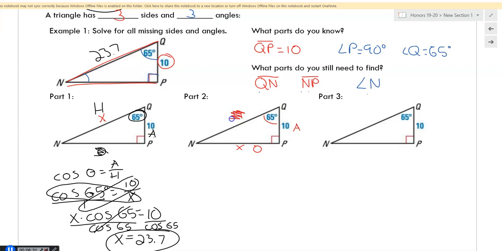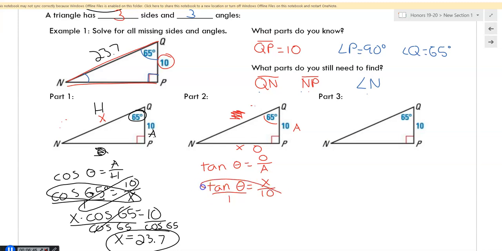In this one, I don't care about my hypotenuse. I've already solved for it over here, so I don't care about it in this problem. So with opposite and adjacent, I'm going to use tangent. Tangent equals opposite over adjacent. The tangent of theta equals x over 10.